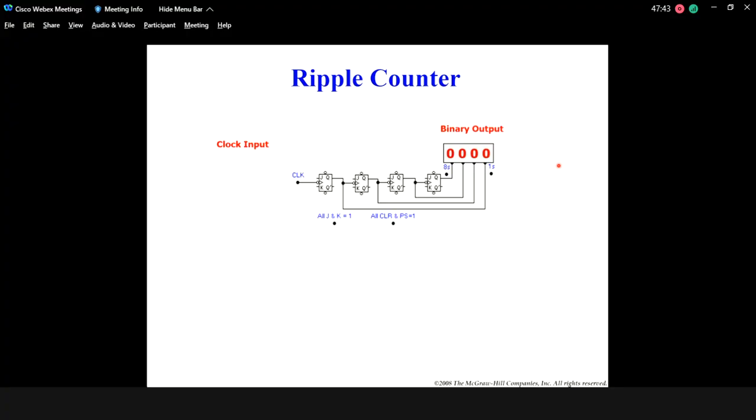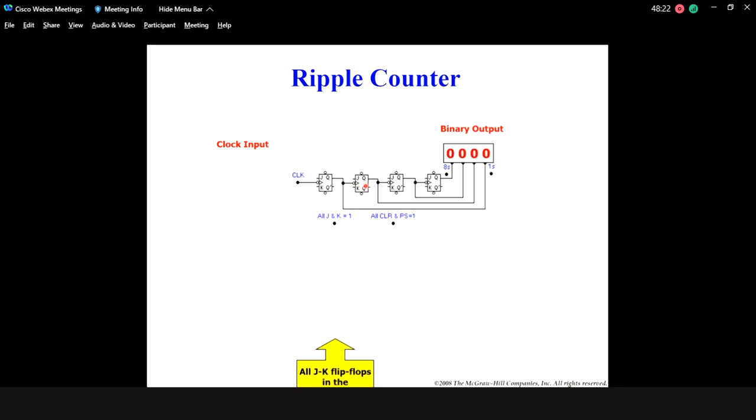So from that we can have a basic counter. Let's say we give the first signal. In this condition, to have the toggle function, we should give a high at J and K and also high at the clear and preset, because J and K are active high and preset is active low.